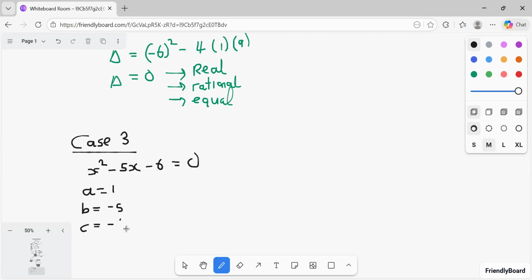Then I'm going to input these values of A, B, C in the quadratic formula in order to see whether the roots are equal or not. All right, so I'm going to input them now.